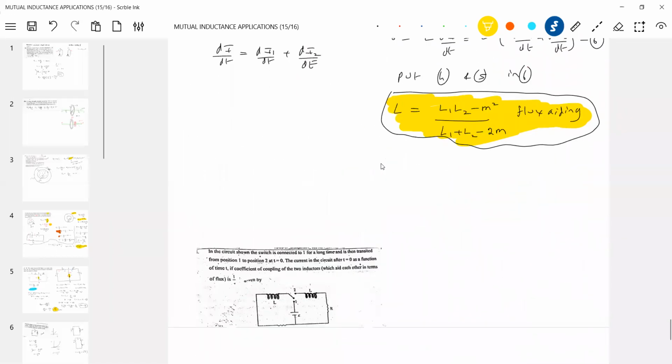I'll tell you. If you have a circuit like this and I ask you to find the self-inductance between A and B, I think it's a big headache. How do you calculate this?